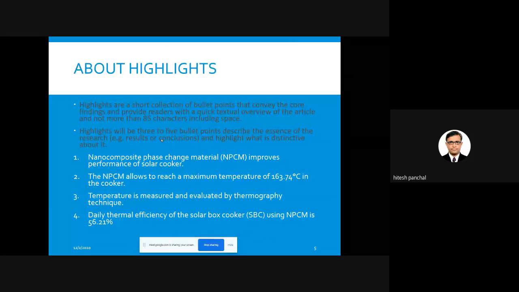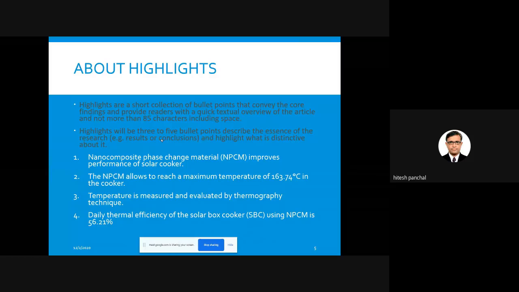Now about the highlights. If you see Elsevier journal papers, you must see the highlights. First of all, what do we mean by highlights? Here I have written that highlights are a short collection of bullet points that convey the core findings and provide readers with a quick textual overview of the article.